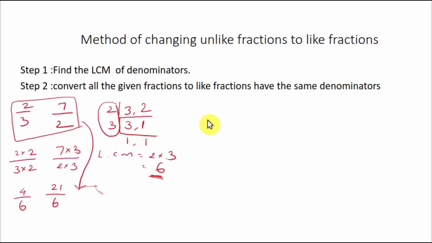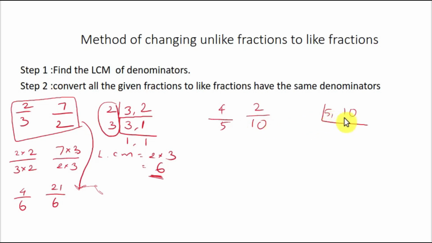Shall we go for one more sum? 4 by 5, 2 by 10. I told you, 5 and 10. We have to find the LCM for the denominators.